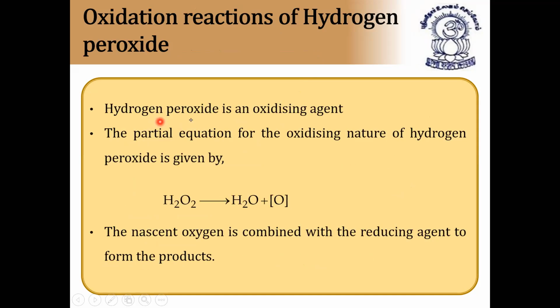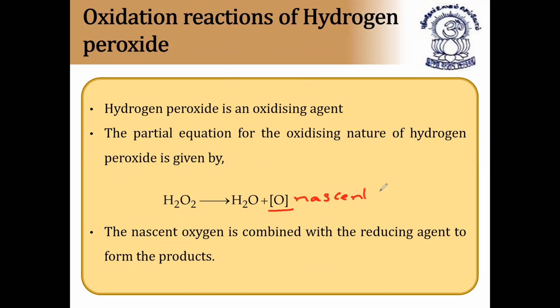Hydrogen peroxide is an oxidizing agent. You know the oxidation reactions of hydrogen peroxide, H2O2. The partial equation for the oxidizing nature of hydrogen peroxide is given by H2O2 decomposes to form H2O plus nascent oxygen, [O]. This [O] is called nascent oxygen. It is just born oxygen, which is highly reactive.